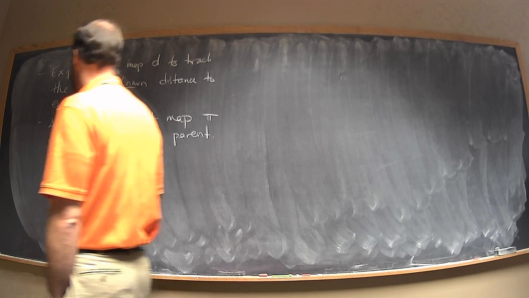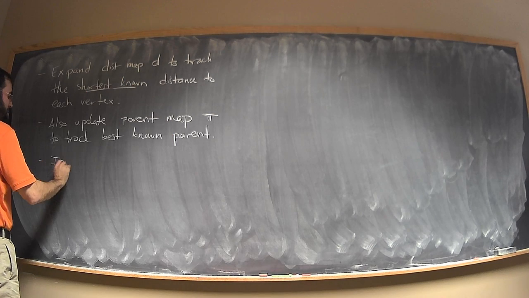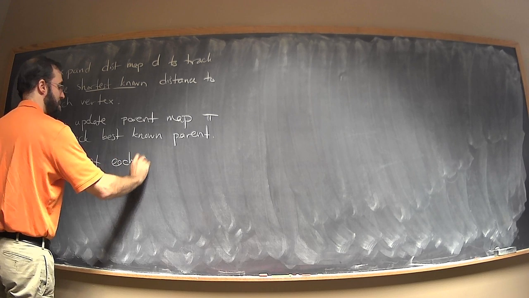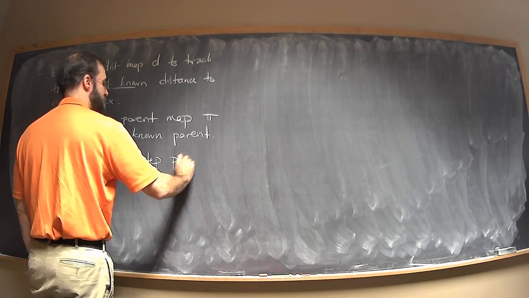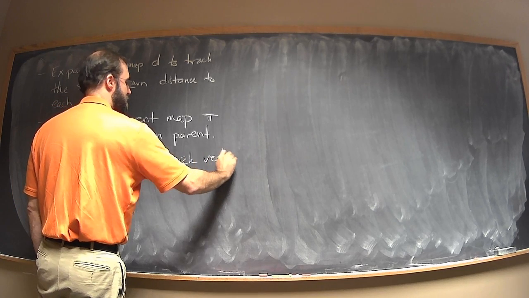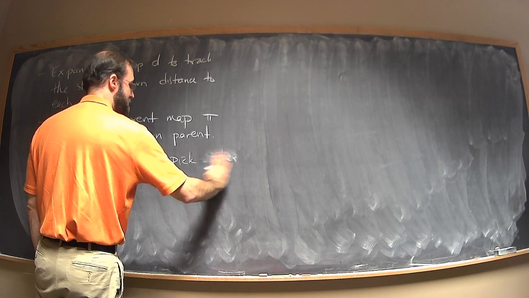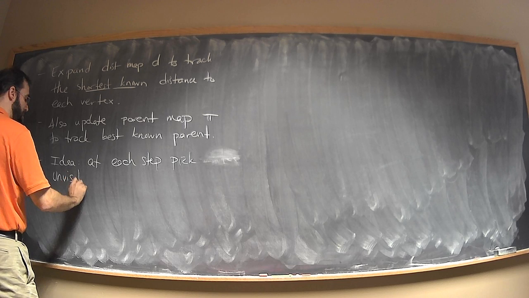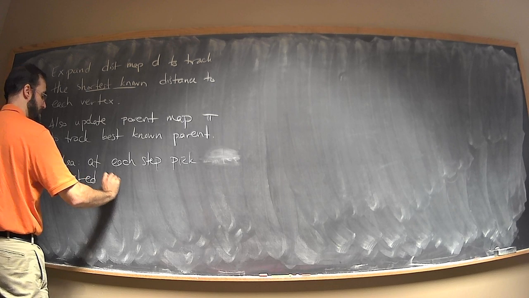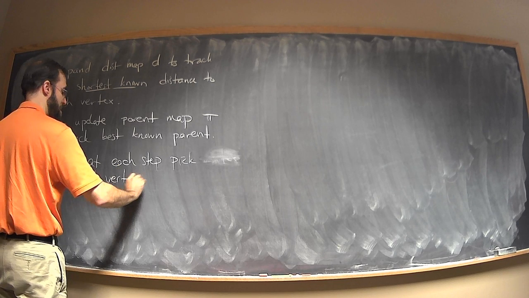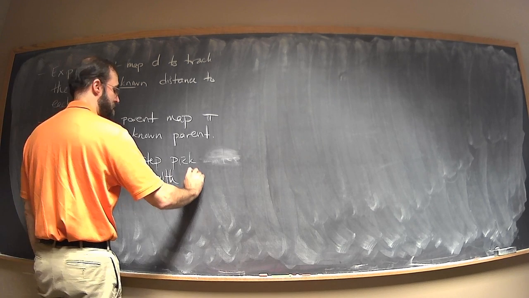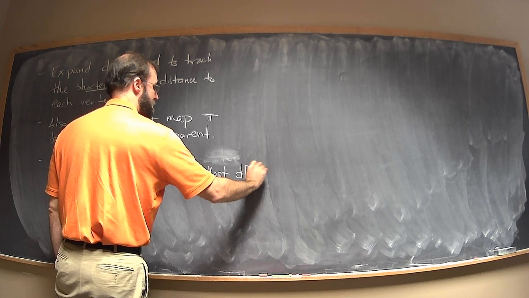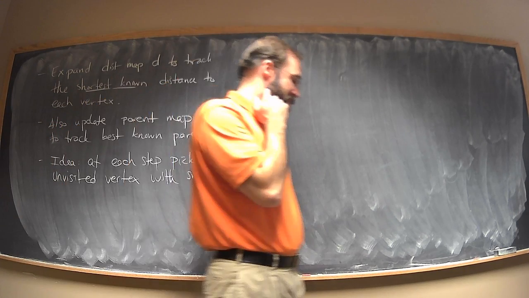Okay, and if we do this, the idea is, at each step, pick the unvisited vertex with the smallest distance map value.